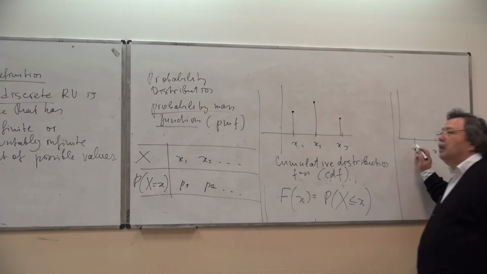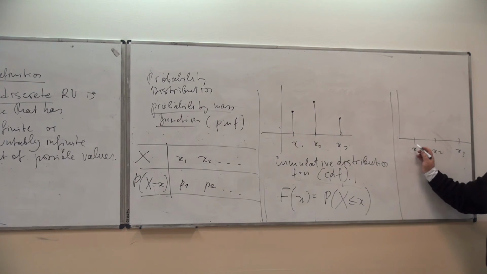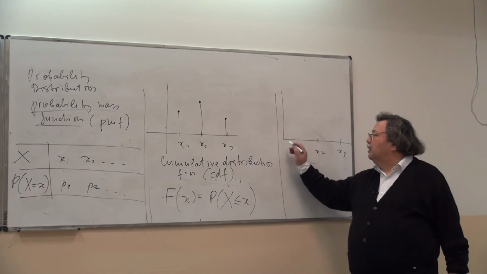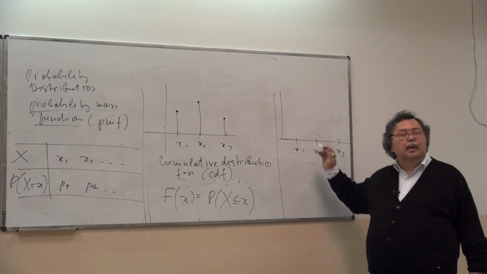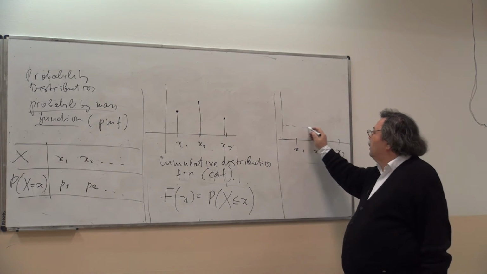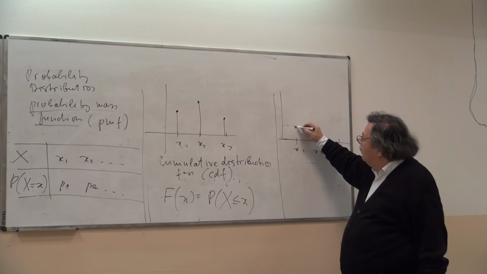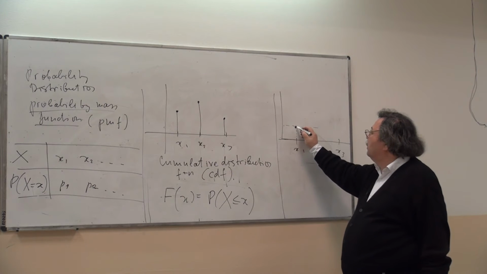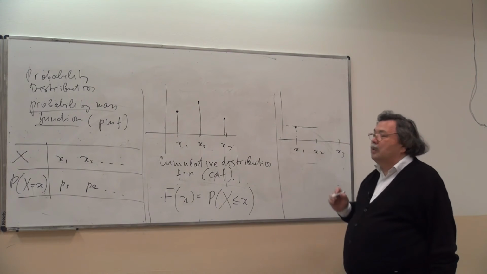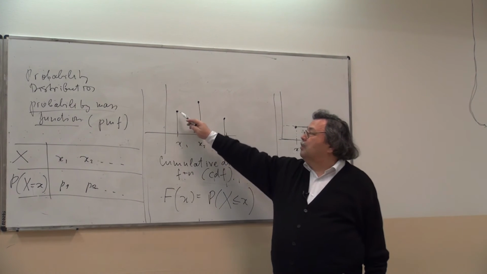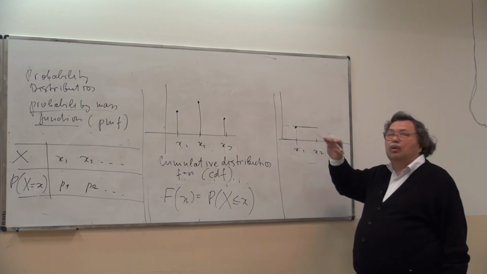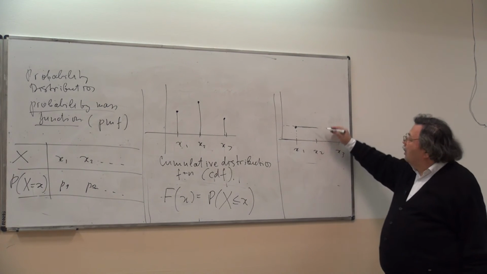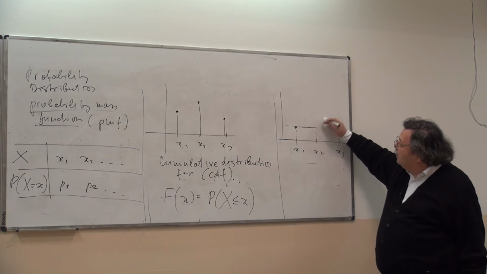Actually, it's like this. If x1 is the leftmost possible value, then F capital is exactly 0 anywhere to the left of this. And then there is this jump. The size of this jump is exactly equal to this probability. And then we again have a horizontal segment up to this next point.